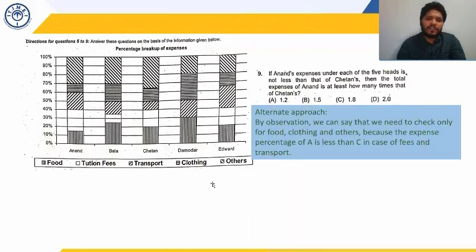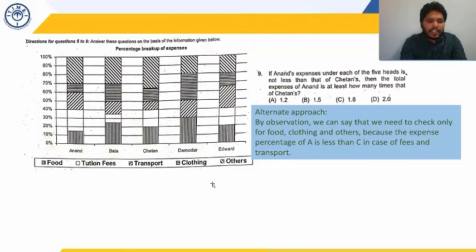So by observation, can we do something here also, just like we have done in part 1? By observation, can we see we have to check only for food, clothing and others, need not check for tuition fees and transport. Why not check for tuition fees and transport? Let's look at it once.